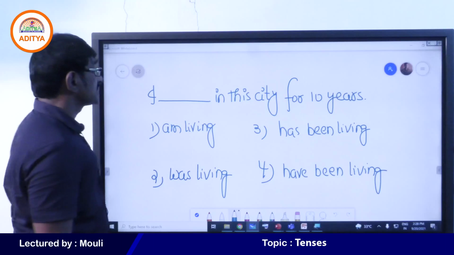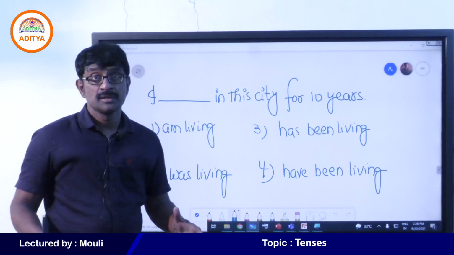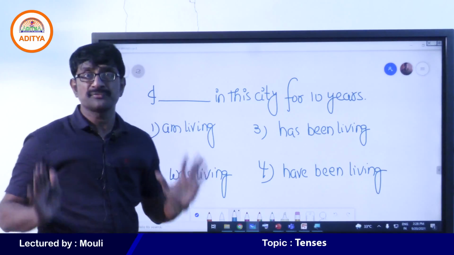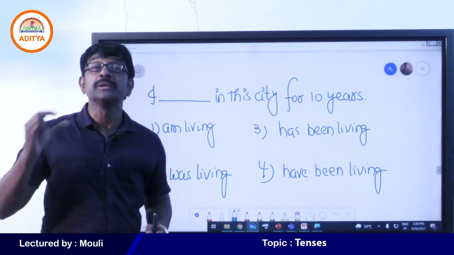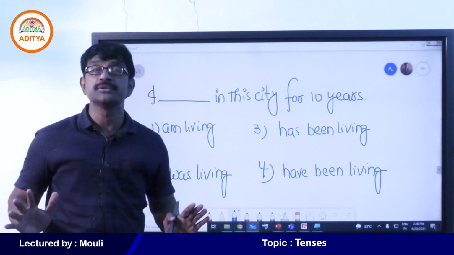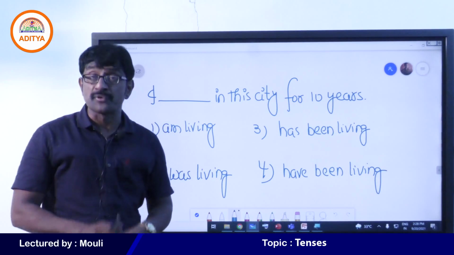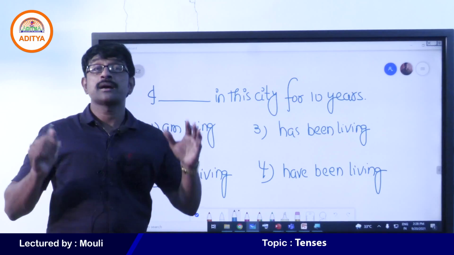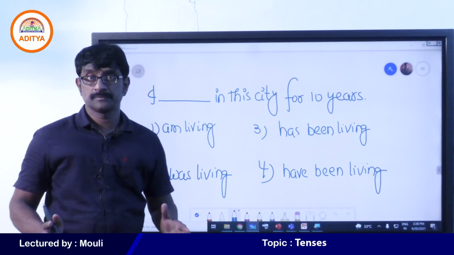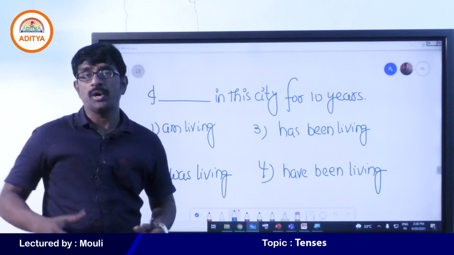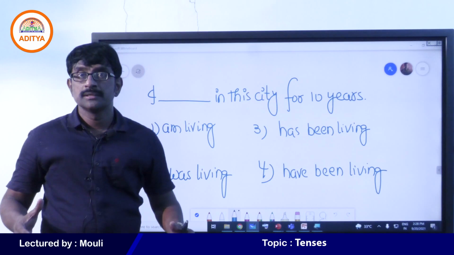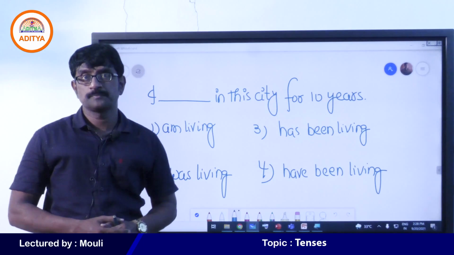Students, now let us look at the right answer. How can we decide the choice? First of all, I told you, in every class I tell you, you should focus on the object. That is a key part in our life to succeed in English language.